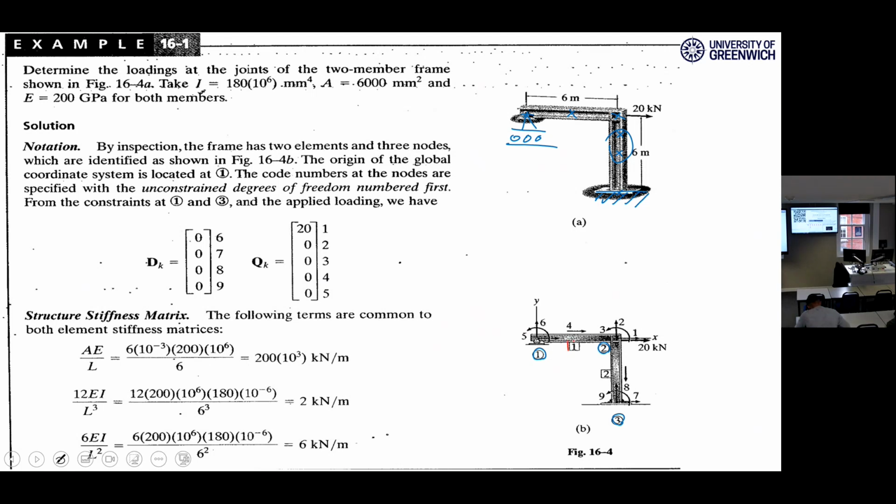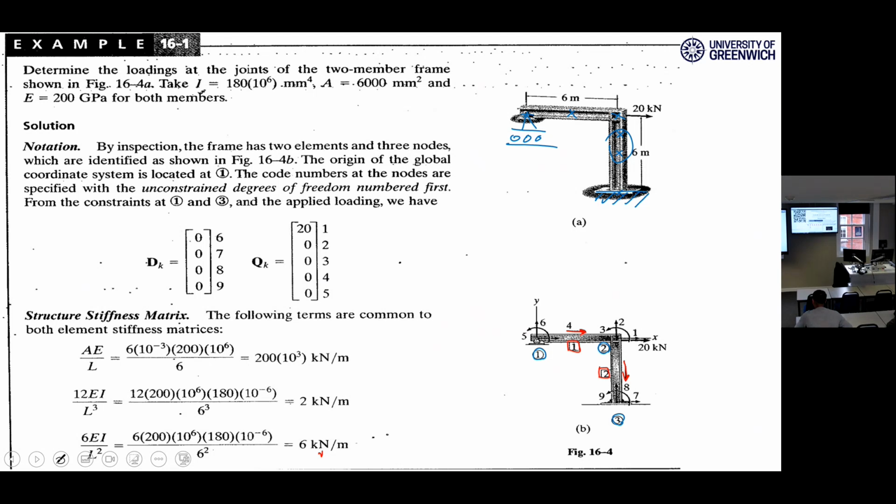This is element number 1, and this is element number 2. And this arrow means I am assuming number 1 is near end, number 2 is far end for this beam element, element number 1. Pay attention to the arrow. When this arrow is like this, it means I'm assuming number 1 is near end, number 2 is far end. For this arrow, it means I'm assuming number 2 is near end, number 3 is far end. Okay?